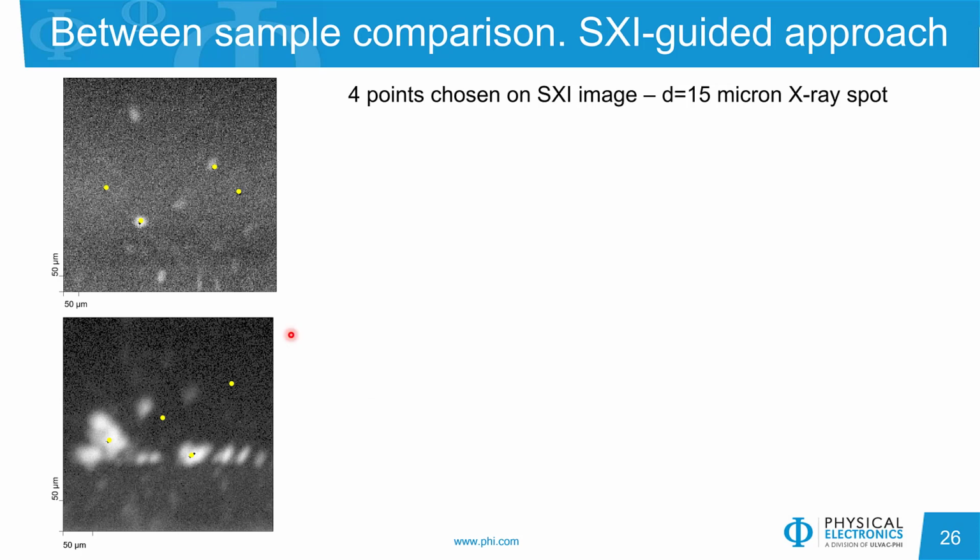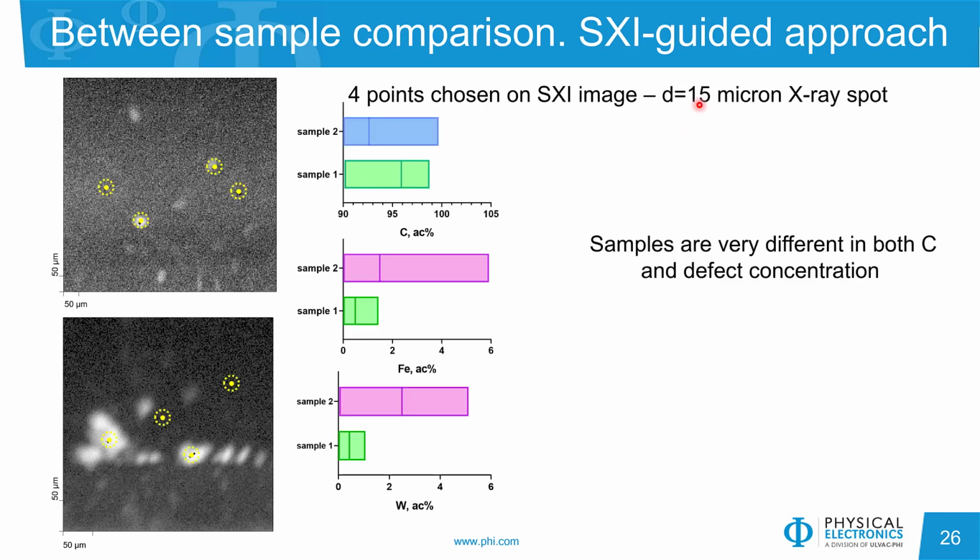However, when we use our selected area approach and we select an area from a bright point for sample 1 and a dark point for sample 1 and do the same for sample 2, and we use a much smaller X-ray spot, 15 micron spot, then we get quite different information. Even average carbon concentration is different, and the range of iron and tungsten detected is quite different.